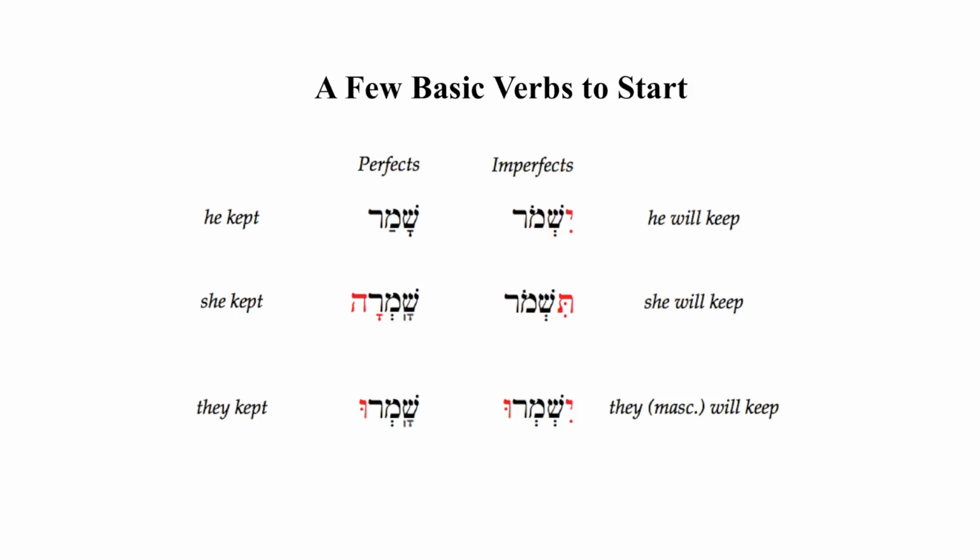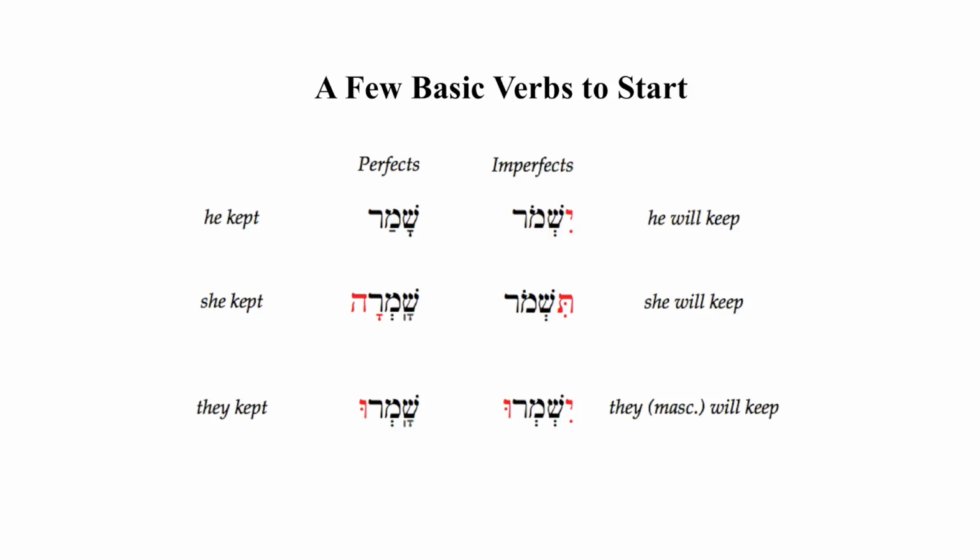And these forms are formed not by adding endings to the word, but by adding prefixes to the word. We actually call them preformatives because they're part of the form of the word and they're on the front. These will be conjugated in this fashion: yishmor, tishmor, and yishmaru.